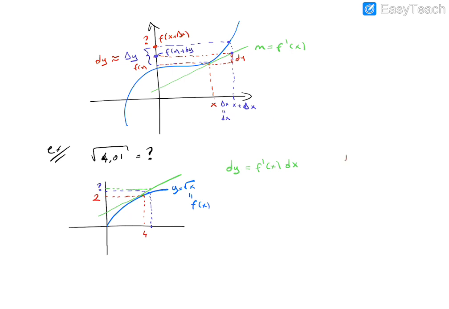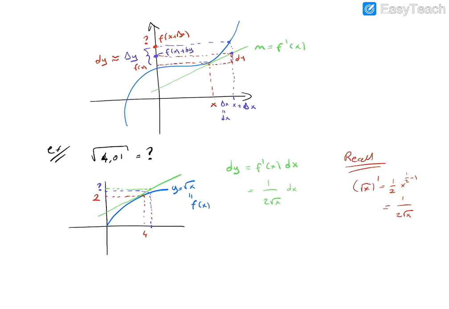But let's write it as a recall. The derivative of the square root of x: the square root of x is x to the power 1 over 2, so 1 over 2 times x to the power 1 over 2 minus 1, which is 1 over 2 square root of x. So f prime is 1 over 2 square root of x, and dy is 1 over 2 square root of x times dx.